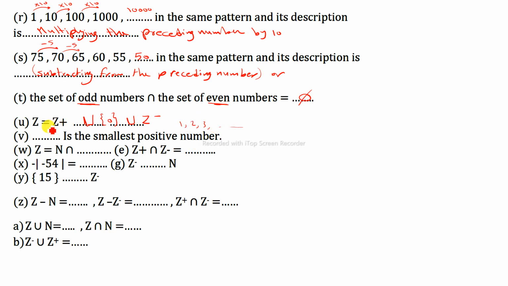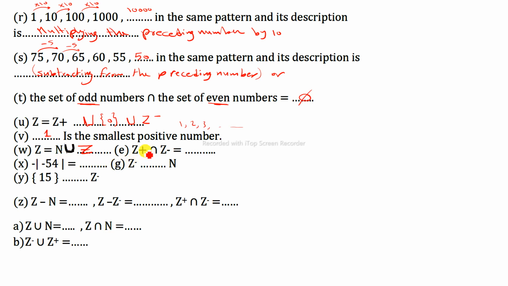What is the smallest? 1. Z is equal to N intersection what? Of course N. Set Z is equal to N union what? We said that N is a subset of Z, so if we do N union Z, it gives the bigger set, Z.